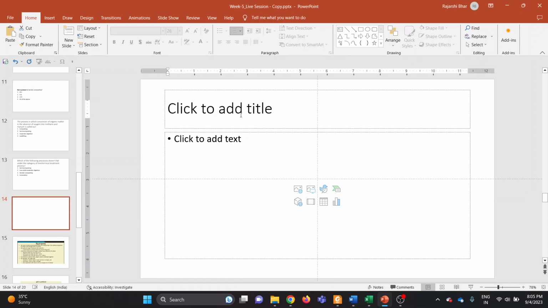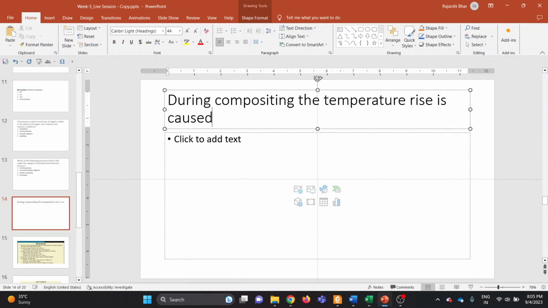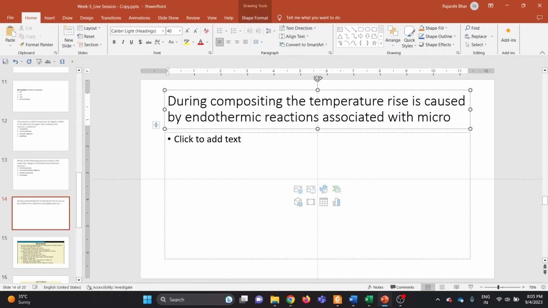Next is a true and false kind of question. Your statement is that during composting, the temperature rise is caused by endothermic reactions associated with microbial respiration.